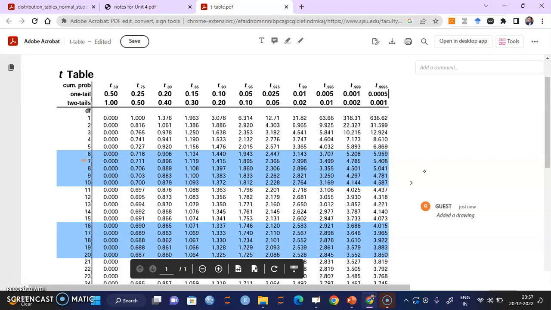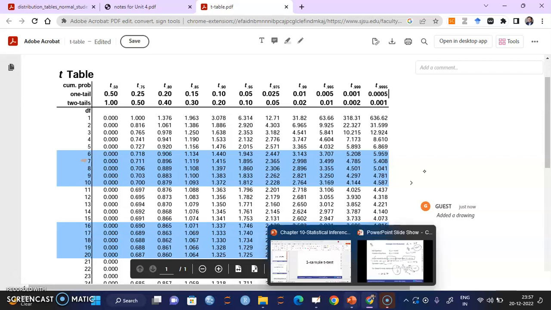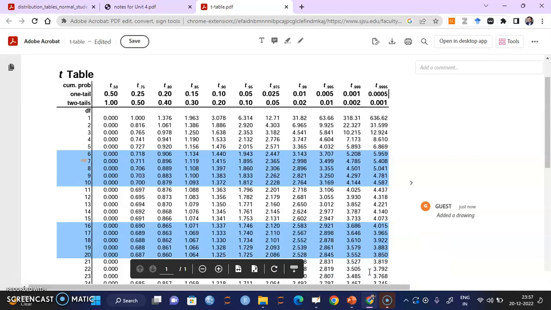Sometimes what happens is you are not given the two-tailed value, your table is only for one-tailed test, but the question you have been asked is for a two-tailed test. So what you need to do is just divide alpha by 2.